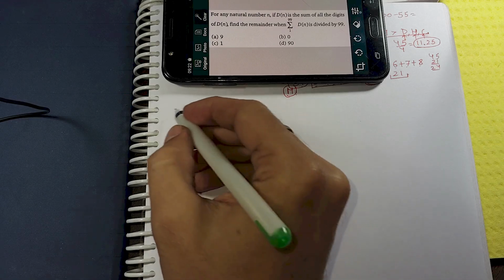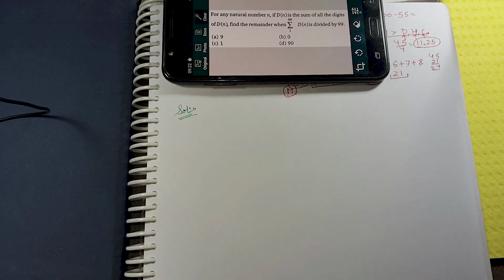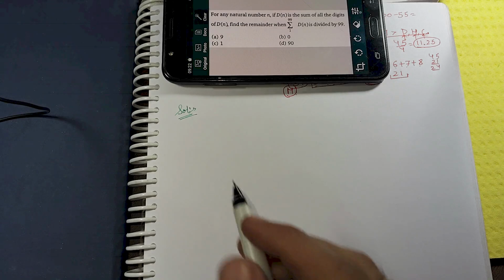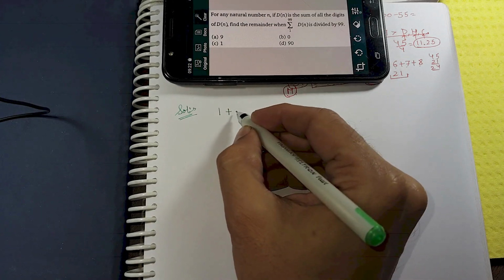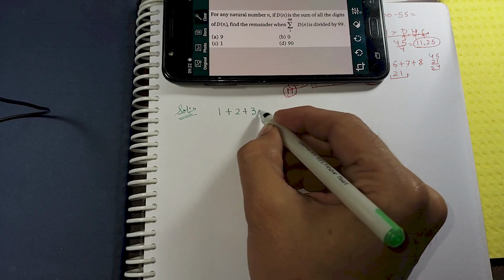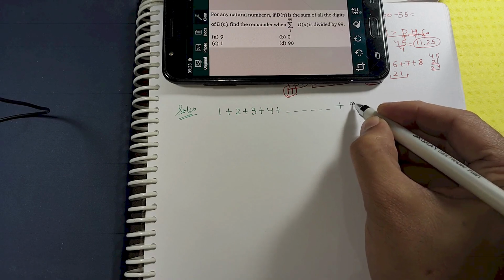For any natural number n, if Dn is the sum of all the digits of n, find the remainder when the summation of Dn from 1 to 99 is divided by 99. So basically this question says that numbers from 1, 2, 3, 4, and so on up to 99, right?